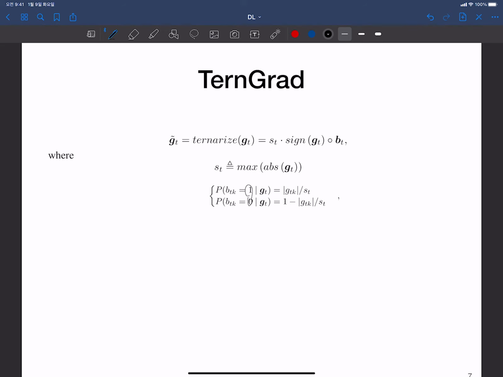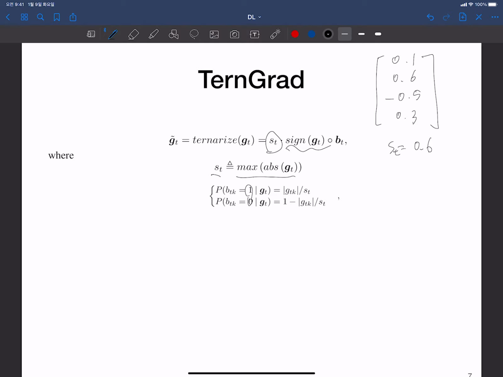Then keep the sign, and keep the s_t value. s_t is defined as the maximum absolute value of the gradient vector. So if you have this gradient vector 0.1, 0.6, minus 0.5, 0.3, then s_t is equal to 0.6.